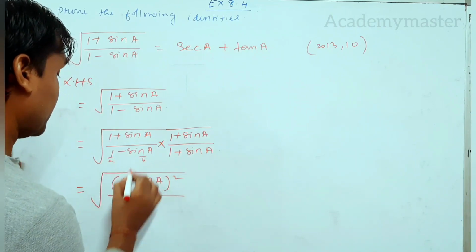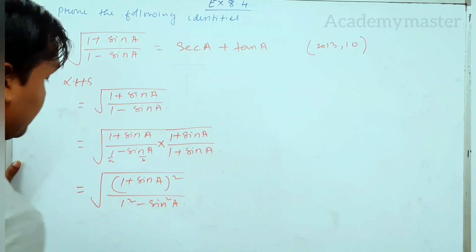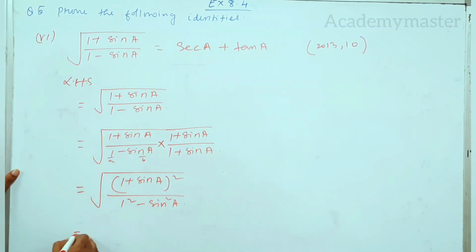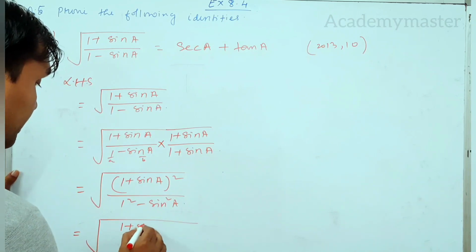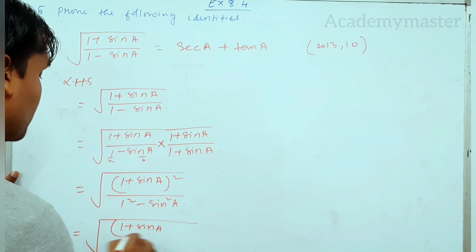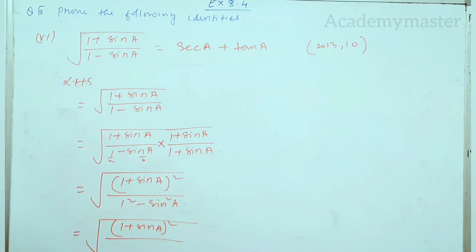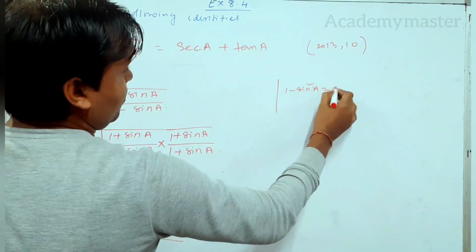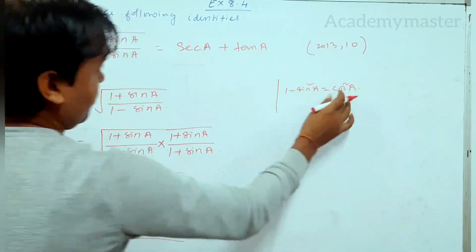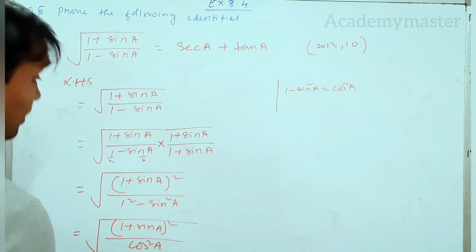So A is this, B is this, so it will be 1 square minus sine square A. One more step, we can write it here. Then it will be 1 plus sine A whole square, right? And 1 minus sine square A, we have already seen the formula, equals what? Cos square A. So we'll write it cos square A.